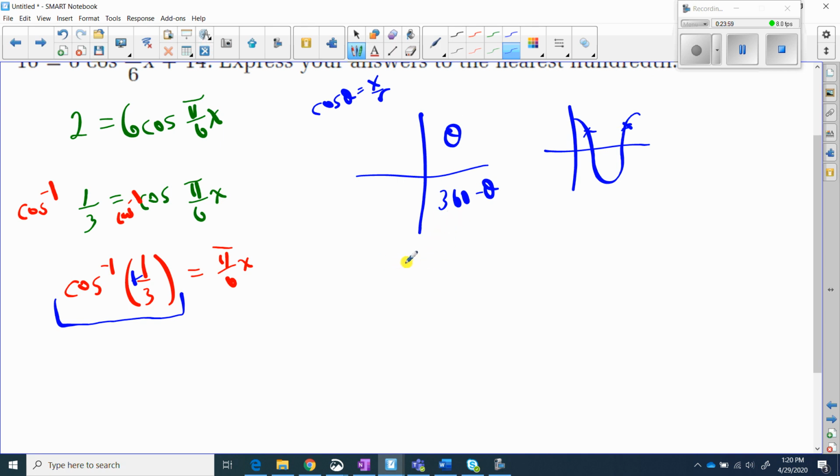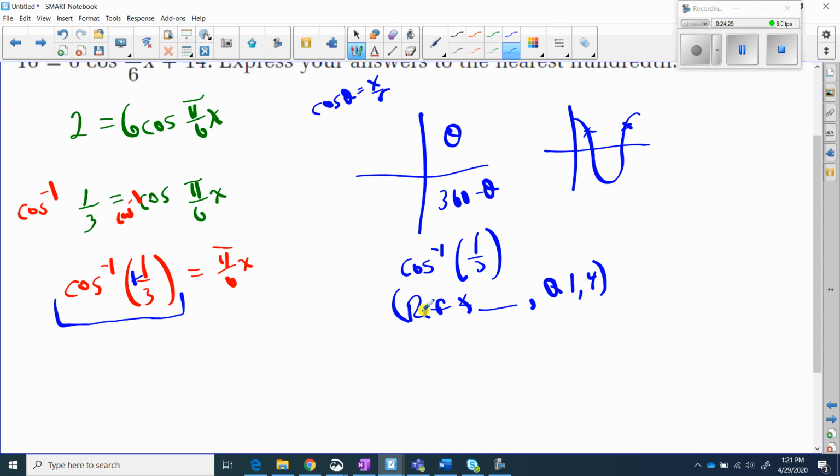Now, use your calculator and go inverse cosine of a third, and that'll give you the reference angle. Make sure it's always positive, and then we're going to put it in the quadrants we identified, 1 and 4. All right, so let's figure out what angle we're talking about. 1/3 inverse cos gives 70.5.